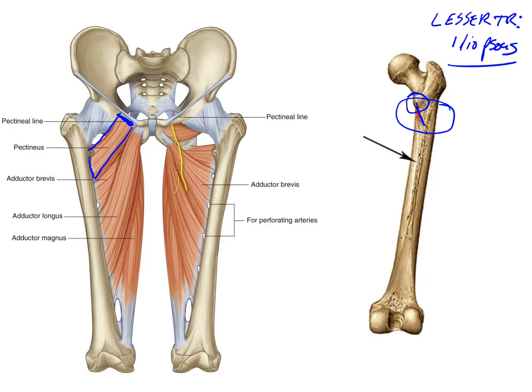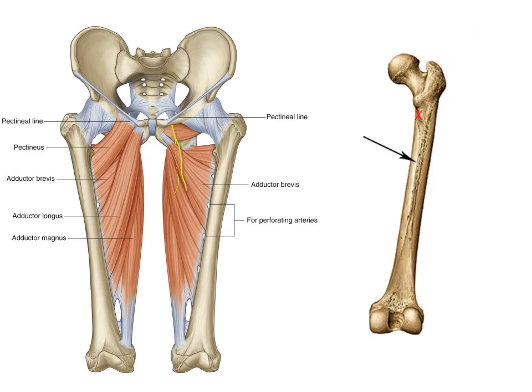The pectineus adducts and flexes the thigh at the hip joint. While most of the adductor muscles are innervated by the obturator nerve, the pectineus muscle tends to be innervated by the femoral nerve, though it can also be innervated by the obturator nerve.